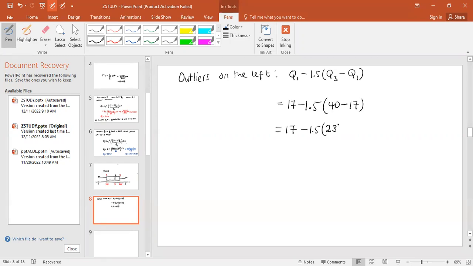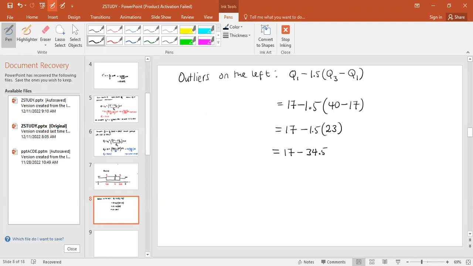Then 1.5 times 23 gives us 34.5. So this will give us 17 minus 34.5.